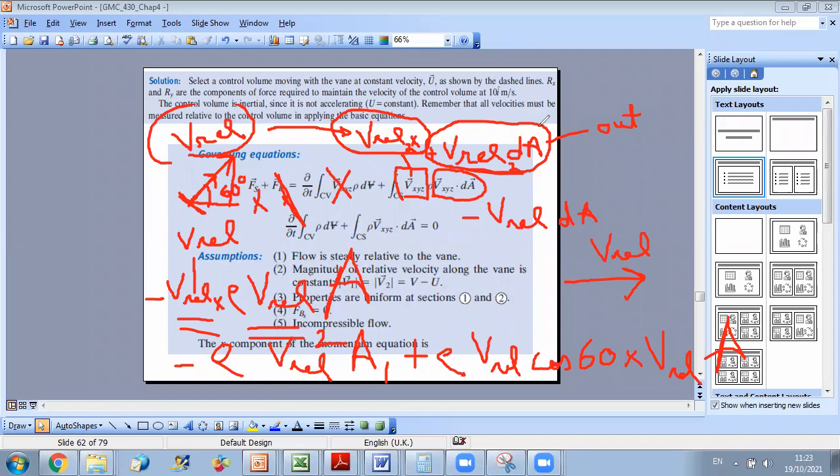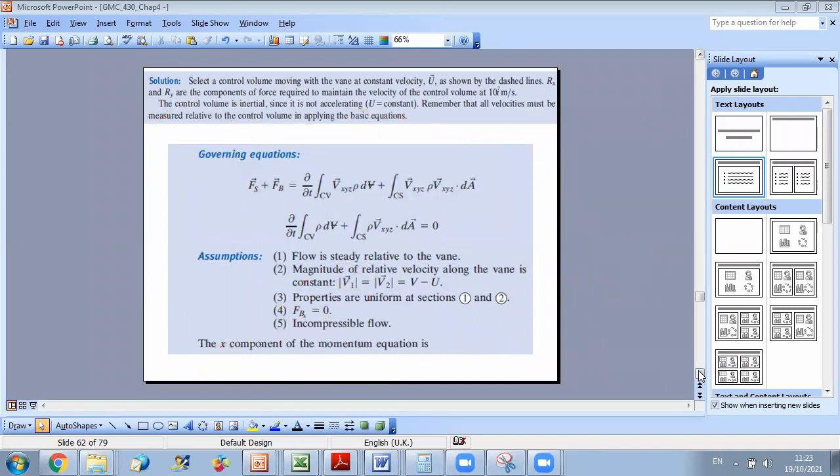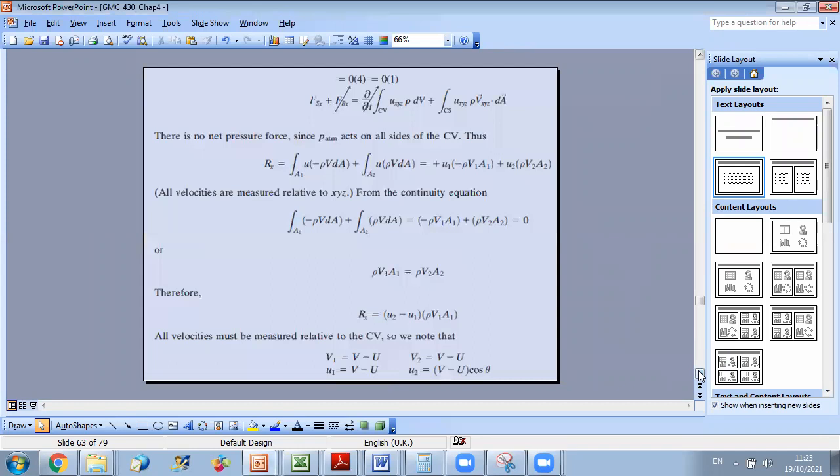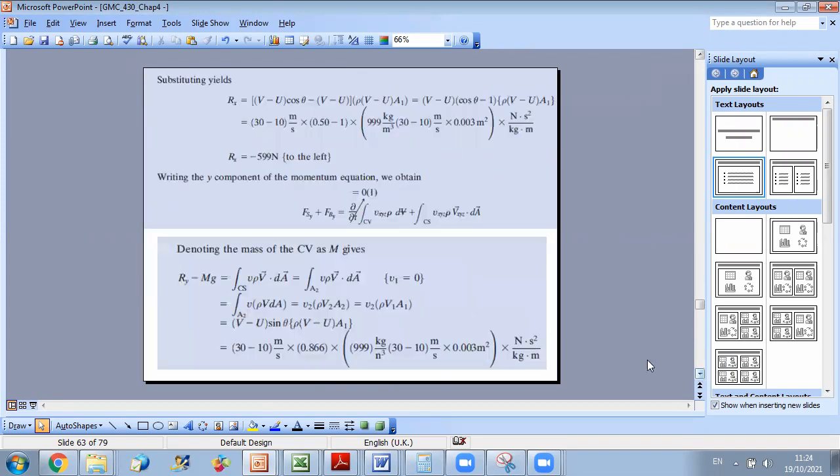So now what is the equation along x? If I replace in my equation, I get the following result. Okay, along x, as we said, if I take into factor V minus u, cosine theta minus the outlet velocity. This is V relative x at section 2, and this minus V minus u is V relative x at section 1, times rho V minus u A1.